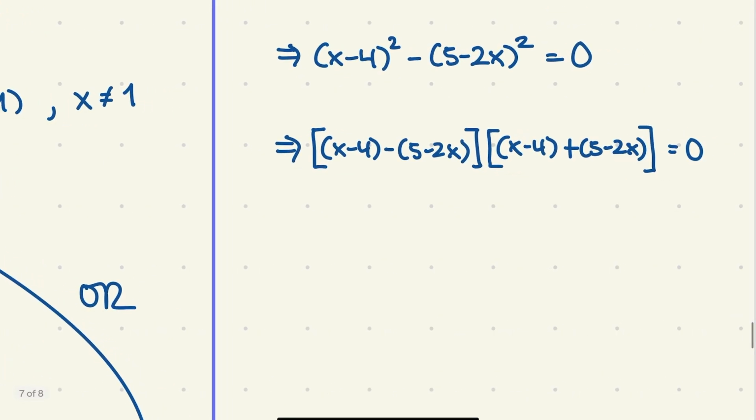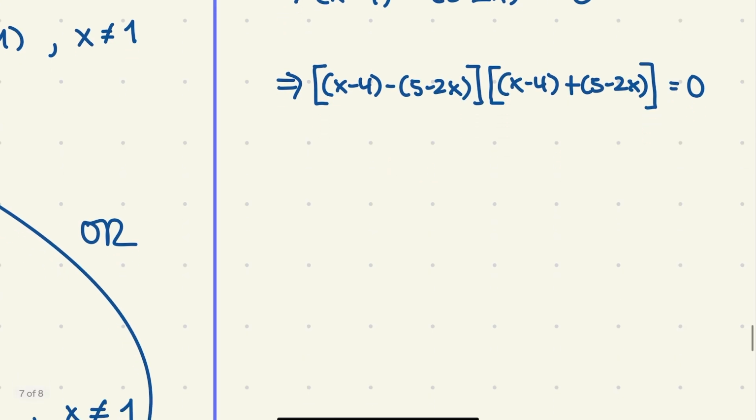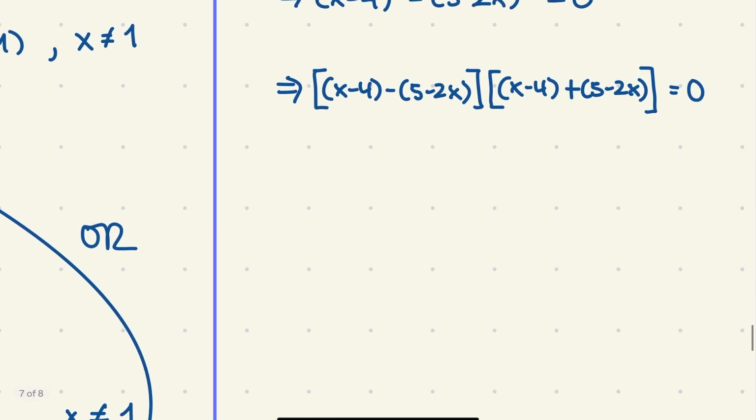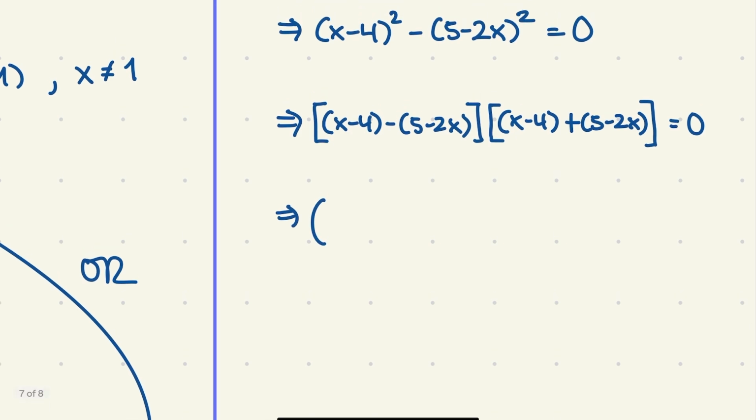Then for this to be true, either this one is equal to 0 or this one is equal to 0. So for this first one, let's simplify. The first one simplifies to x minus 4 minus 5 plus 2x, or when simplified, 3x minus 9.